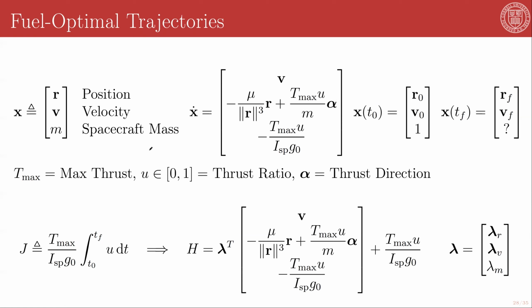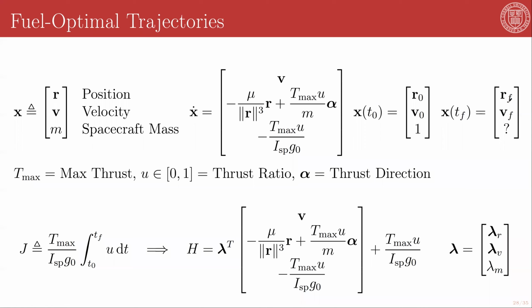And finally, from the ideal rocket equation, we know that our mass is changing as the thrust force, which is the maximum thrust times our current value of U, scaled by the specific impulse and g naught of our system. We will normalize the mass units such that we start our trajectory with one mass unit. So one mass unit in this case represents however much fuel we are able to carry. And we have some known initial position and initial velocity.